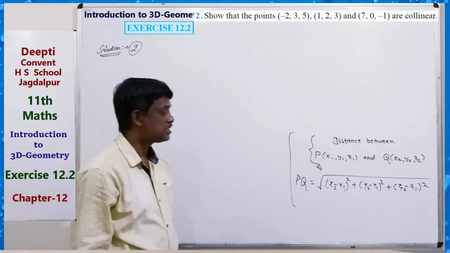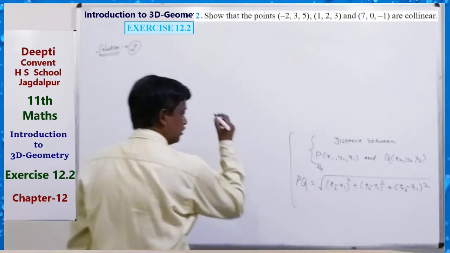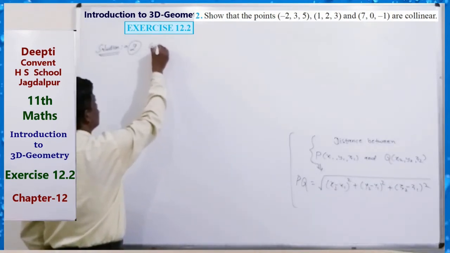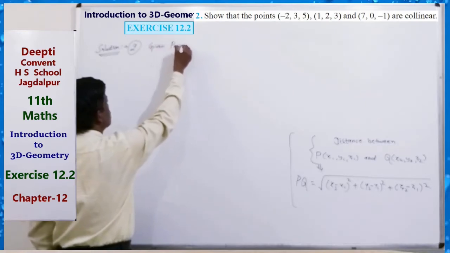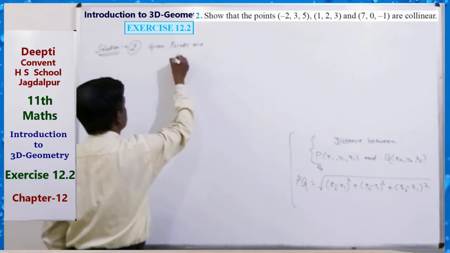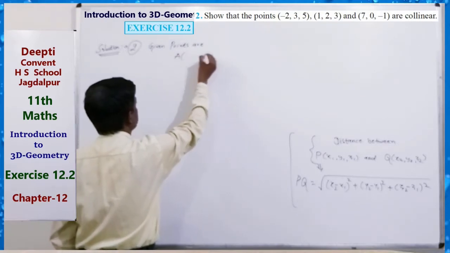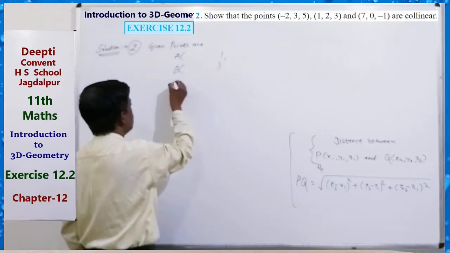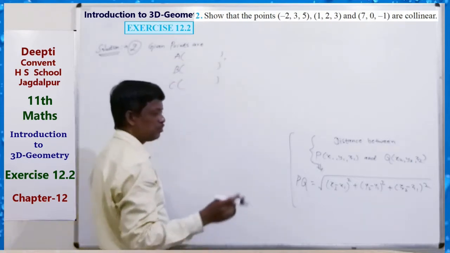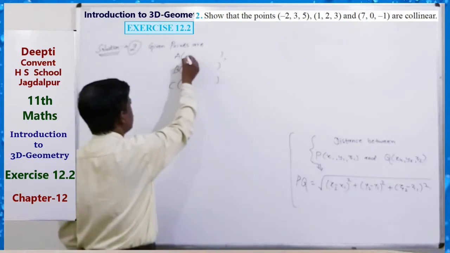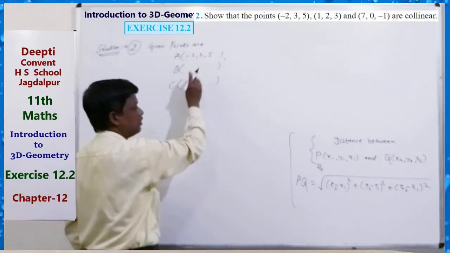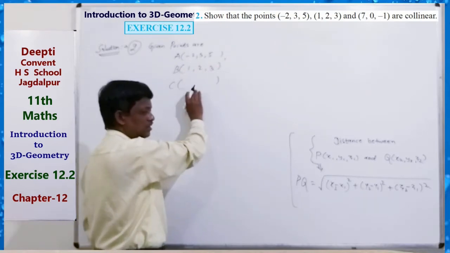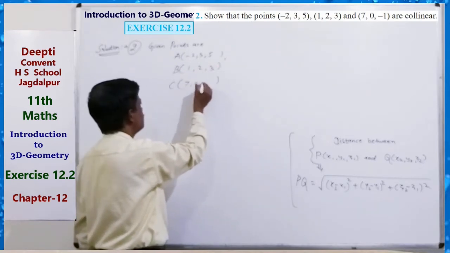The given points are A (minus 2, 3, 5), B (1, 2, 3) and C (7, 0, minus 1).